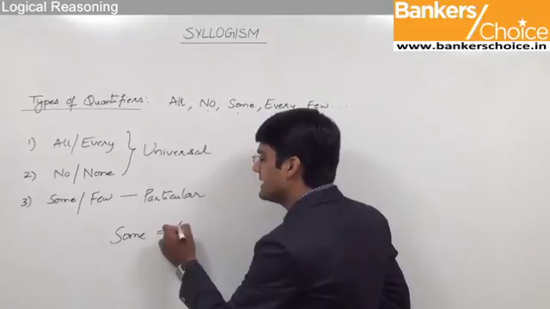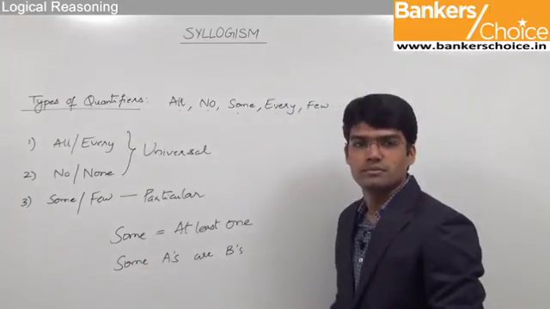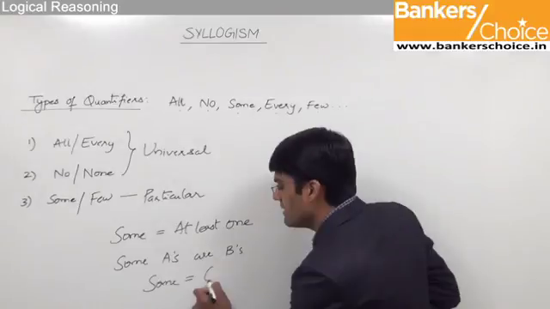For example, when we say some A's are B's, it means at least one A is B. So minimum one A has to be B for this statement to be true, and maximum all the A's can be B. So from this we can understand that when we say some, it can mean only one, and it can also mean all, as the minimum for some is 1 and the maximum can be all.